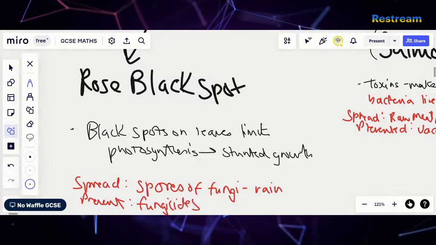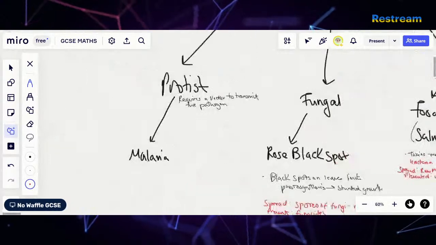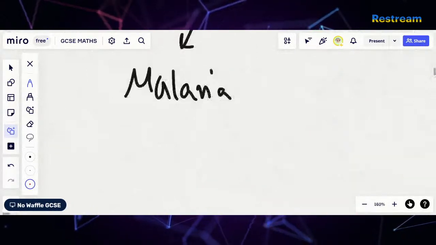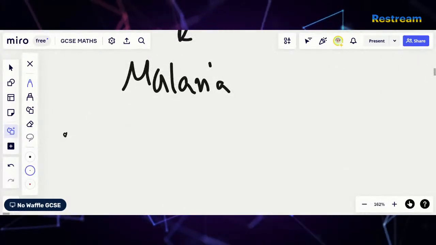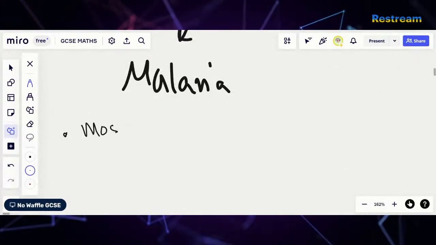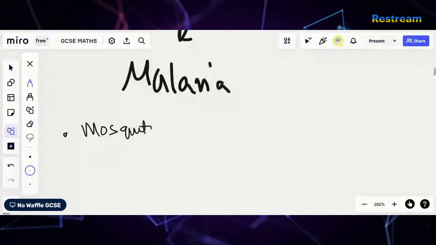And finally, protist diseases, which again require a vector. So we looked at malaria. Malaria uses a mosquito, a female variety of mosquito, as its vector.